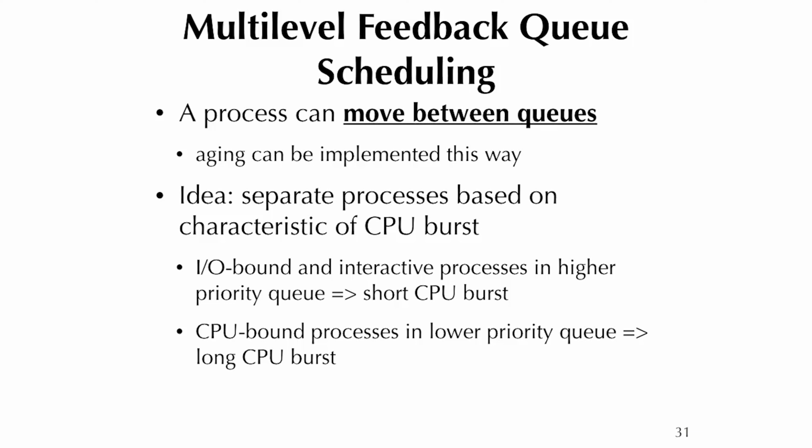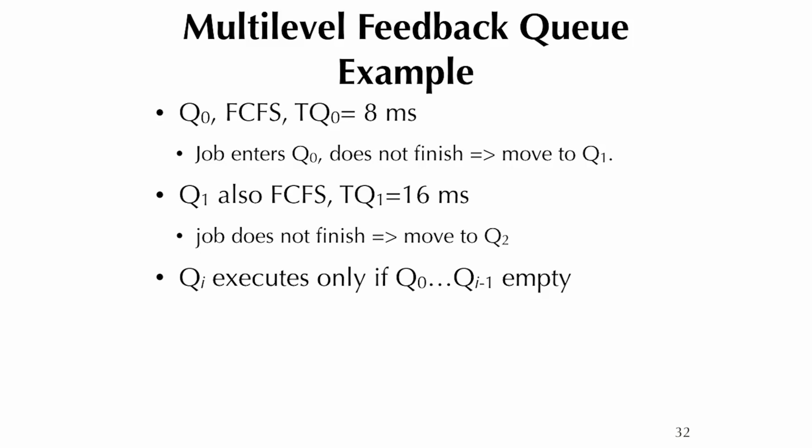An IO-bound interactive process may get shorter CPU bursts, and CPU-bound ones get longer CPU bursts in a lower priority queue, for example. Right? And so there are different ways. Of course, you have to pick your time quantum. And so you may pick different time quanta depending on if you want them to be more CPU-bound, IO-bound, and so forth.